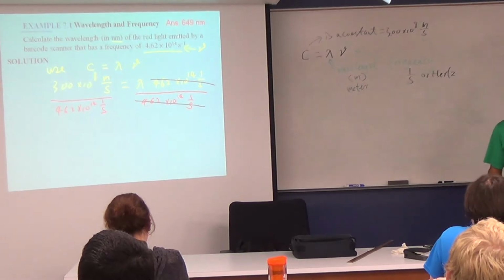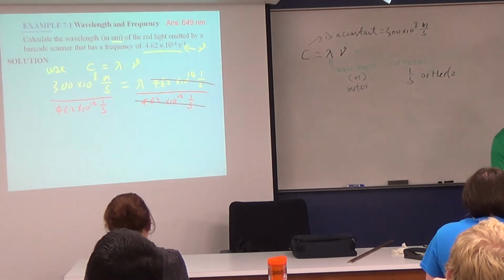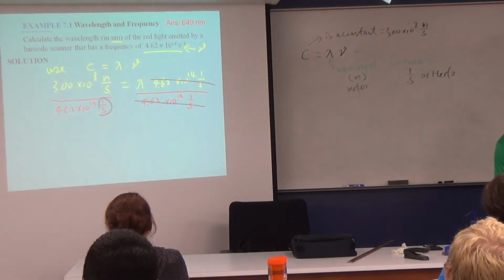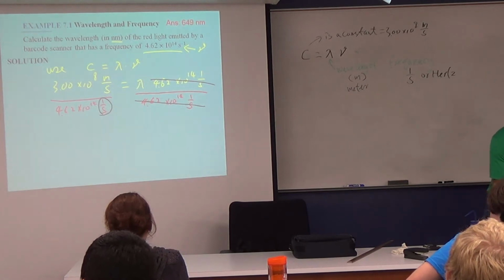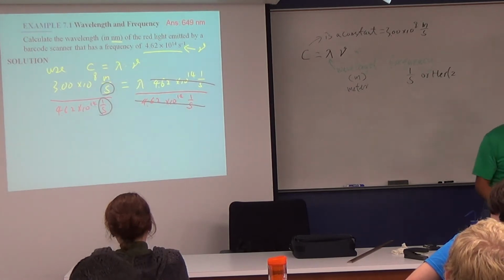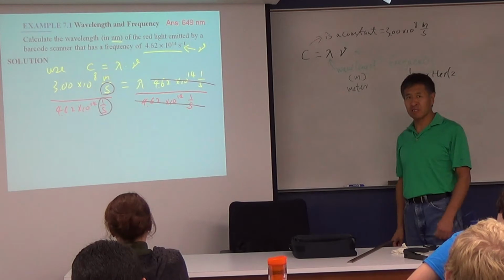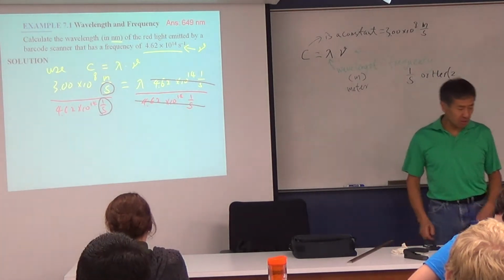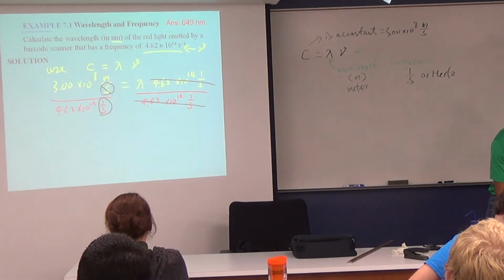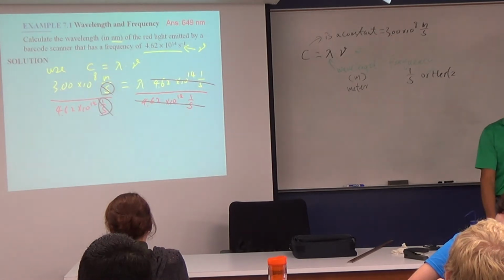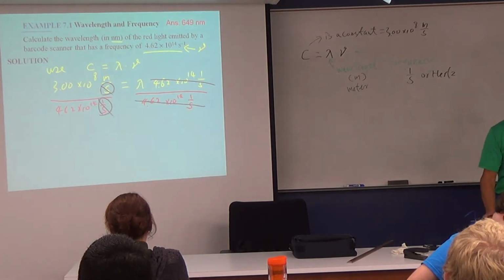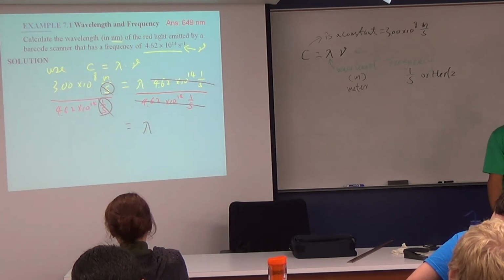And on the left side, you have this 1 over second here, and then here, even though I cannot circle 1 over second, just have the second as the denominator. So these two will simply cancel out. Right? So you get this lambda on this side by itself.